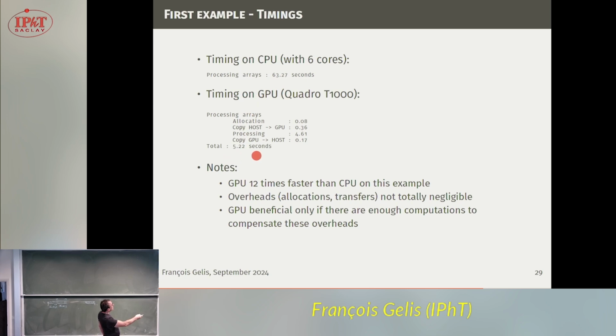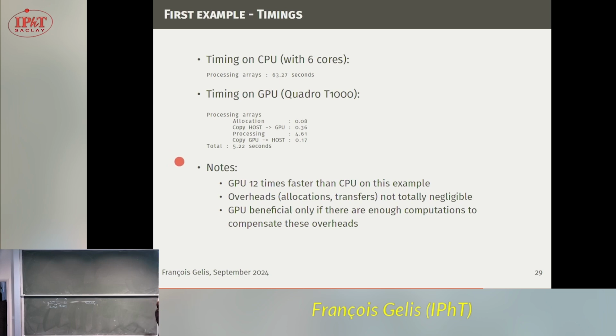On the GPU, it took 5.2 seconds. Here I measured only the time for the computation itself, not the time to prepare the random data at the start, because it's common to both. So you see that it's about 12 times faster. It's in single precision. If it had been in double precision, the gain would probably have been almost nothing.